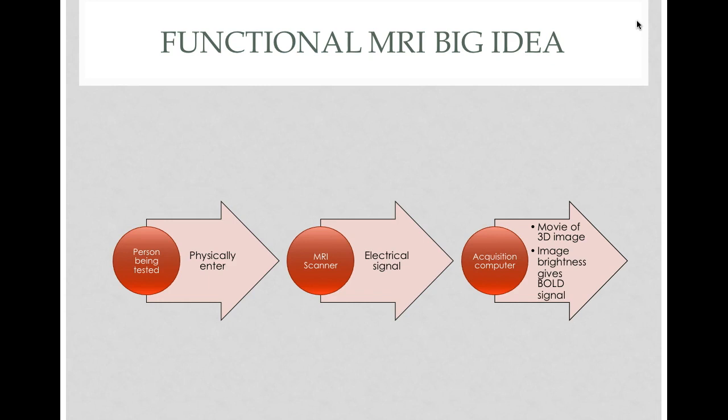So your data is four-dimensional, just like if you were to look at a regular movie by itself, it would be three-dimensional, because you have 2D plus time. You have 3D plus time, and then you can look at the brightness of each of the voxels, the volume pixels, and be able to get a rough estimate of what's going on with the neurons, because that's the blood oxygenation dependent signal.